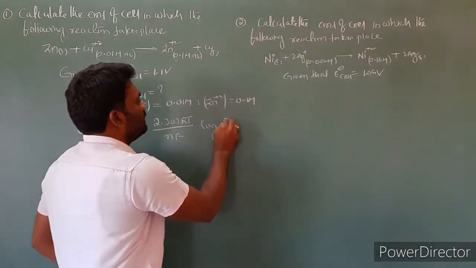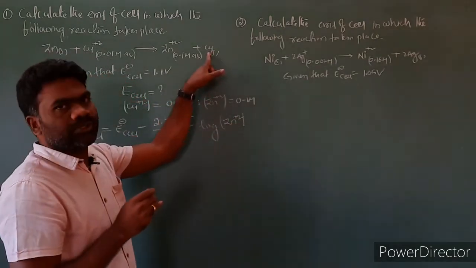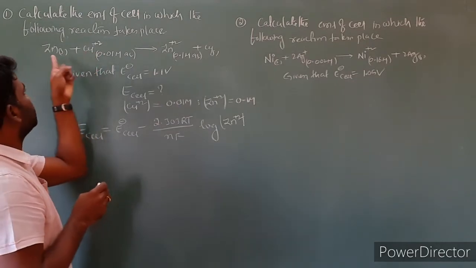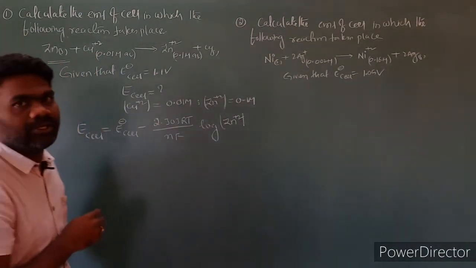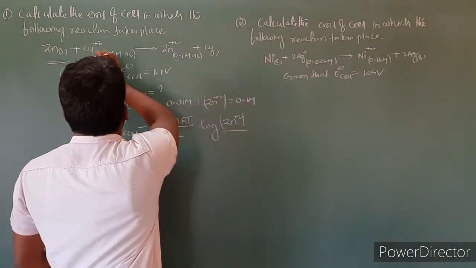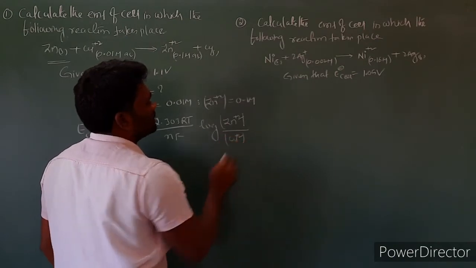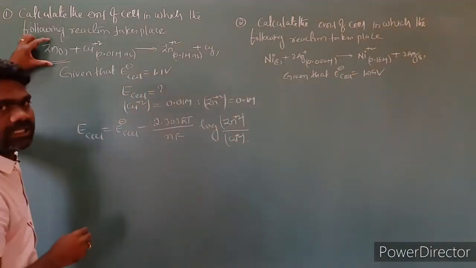Then we can write only the Zn²⁺ concentration. Cu is a solid, so its concentration is unity. For the reactants, Zn is a solid here, so its concentration is taken as unity. The remaining reactant is Cu²⁺, so the concentration of Cu²⁺. So this is the Nernst equation for this cell reaction.